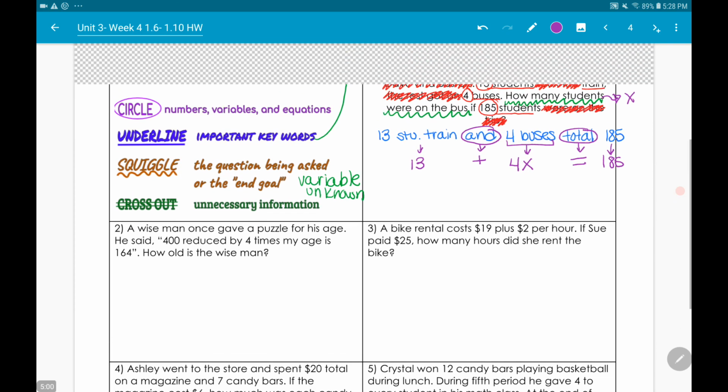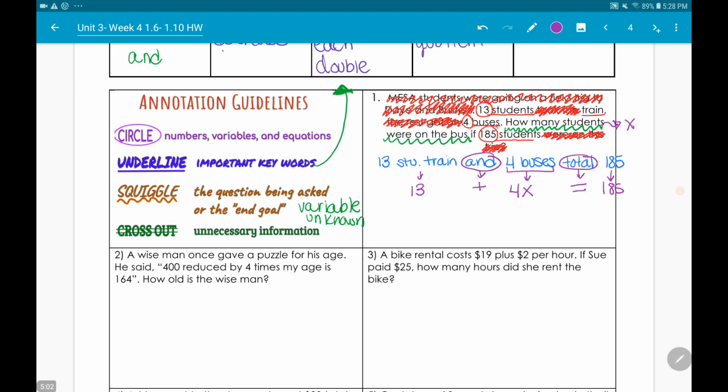All right, let's take a look at the next one. A wise man once gave a puzzle for his age. He said 400 reduced by 4 times my age is 164. How old is the wise man? All right, so that first sentence about the puzzle, again, cool, but not really important.